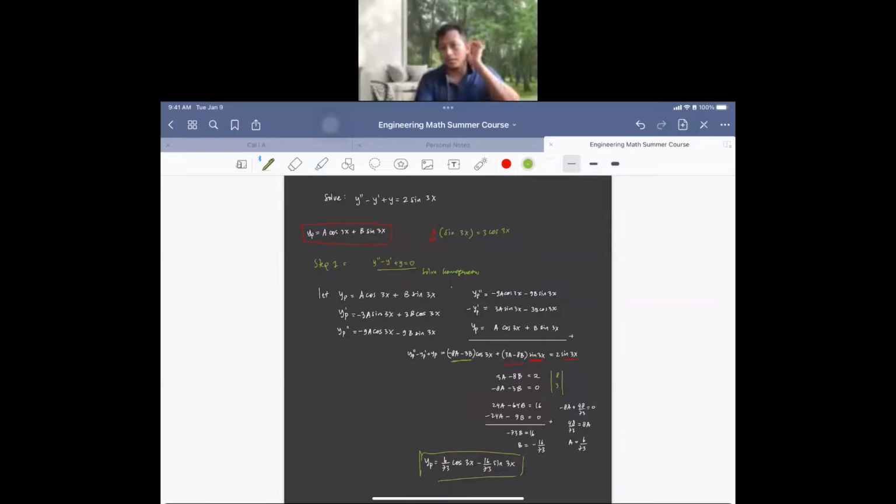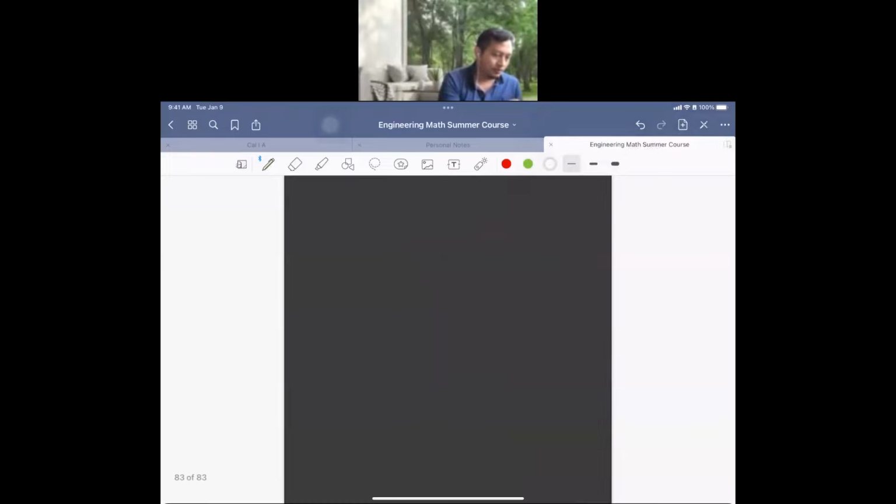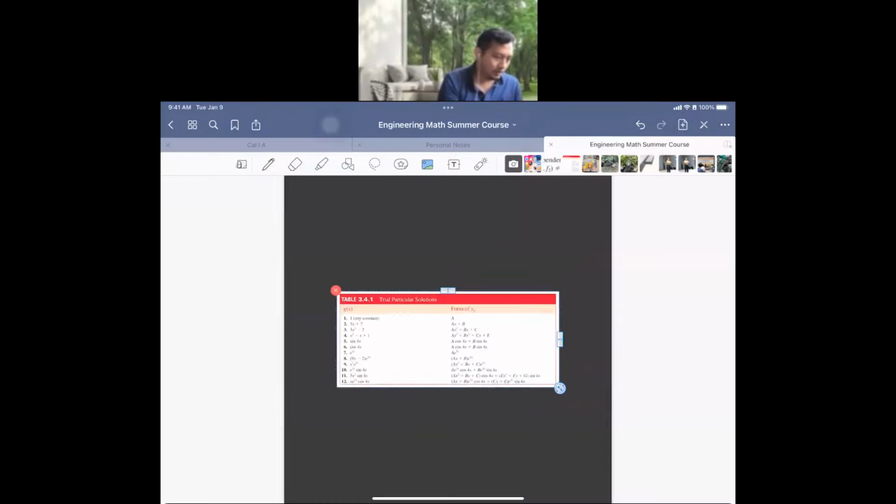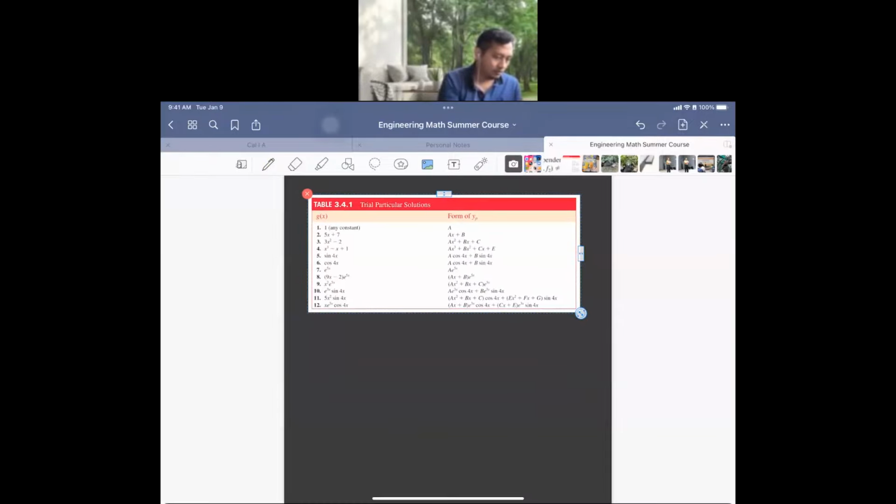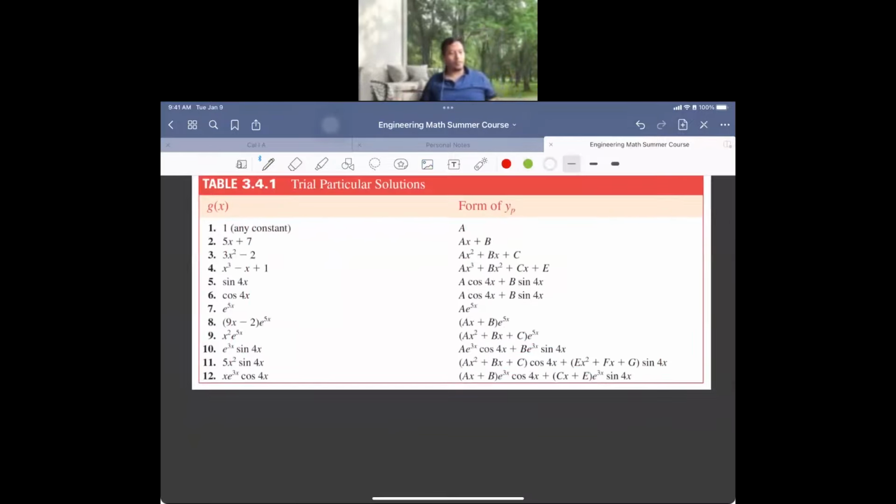Okay, let's continue a little bit. All right, let me give you the idea of what we have here. This is some particular solutions that might be our yp.